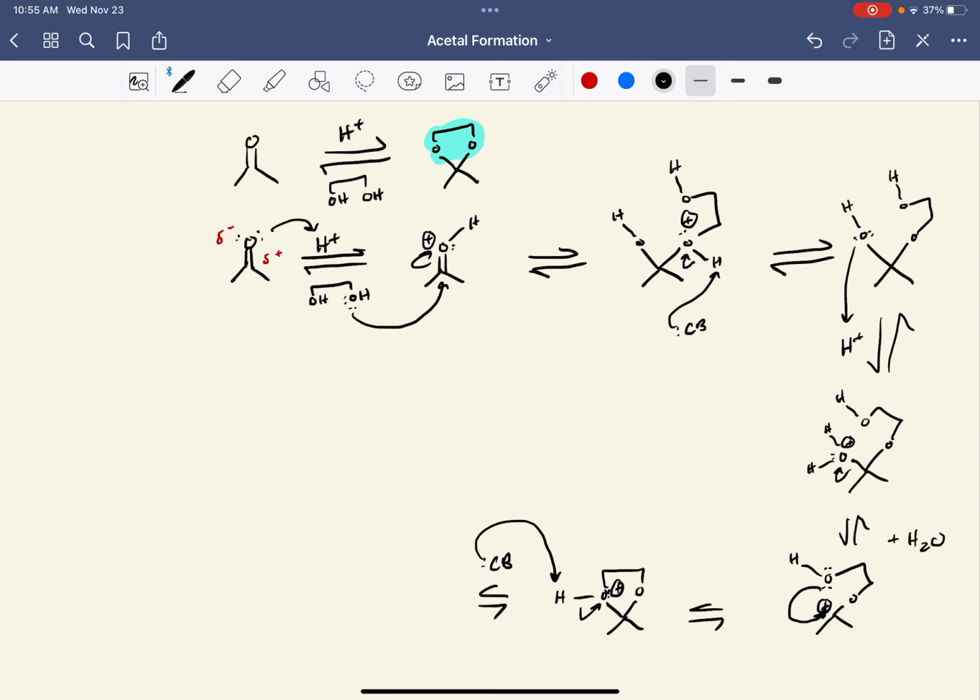the hydrogen will get attacked by the conjugate base, and the electrons will be flipped back, and you'll end up with a neutral cyclic acetal with the protecting group.